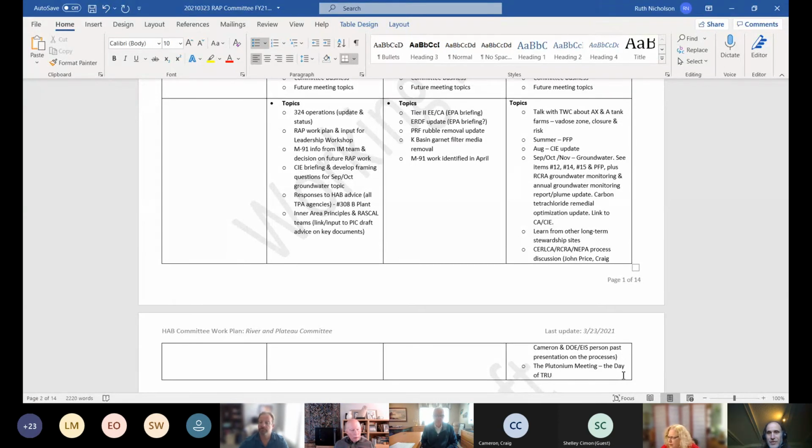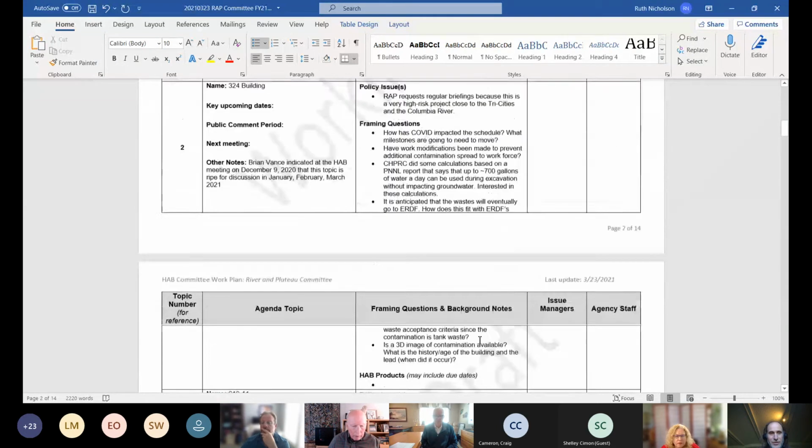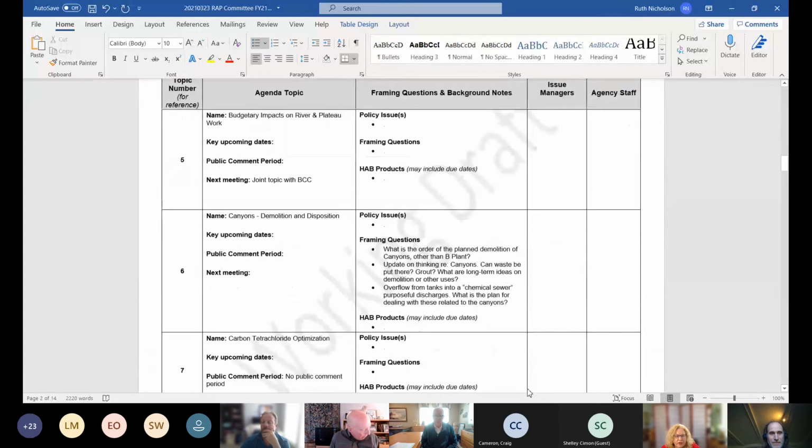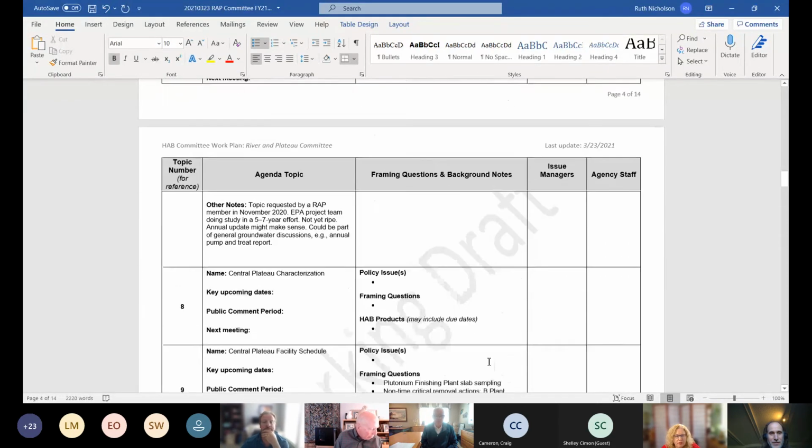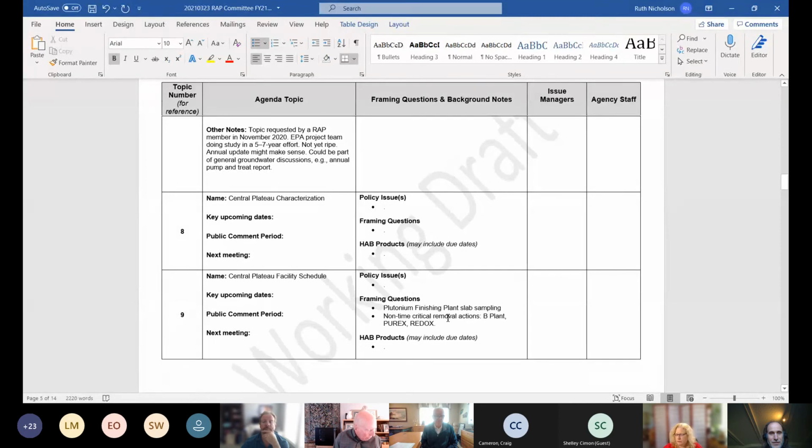Well, okay, so we have Chris, who wanted to talk about agenda topic 8 on the committee work plan, and then Steve Wigman and Q. Yes. Agenda topic number 8 says Central Plateau characterization. And under the framing questions and background notes and everything else, it's basically blank.